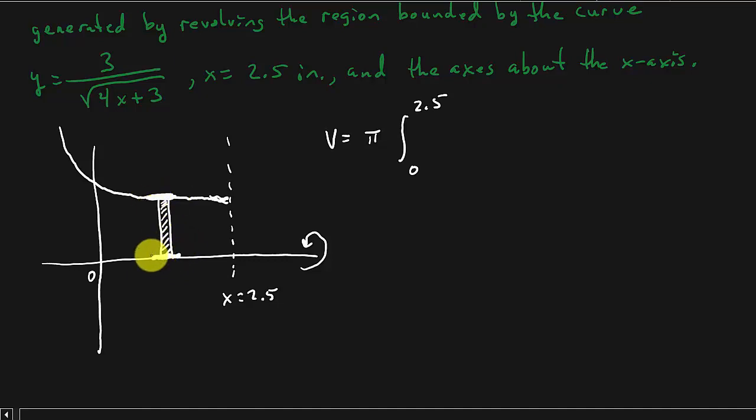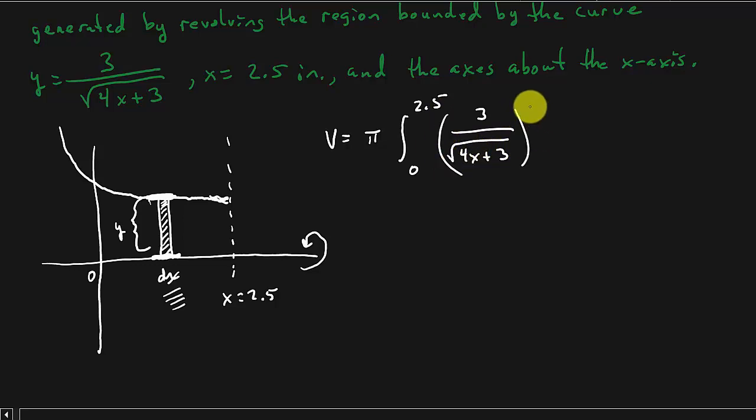That distance is y, right? The thickness here is dx. This radius is y, but because this is dx, we need y in terms of x. So that's going to be 3 over the square root of 4x plus 3, squared, times dx.